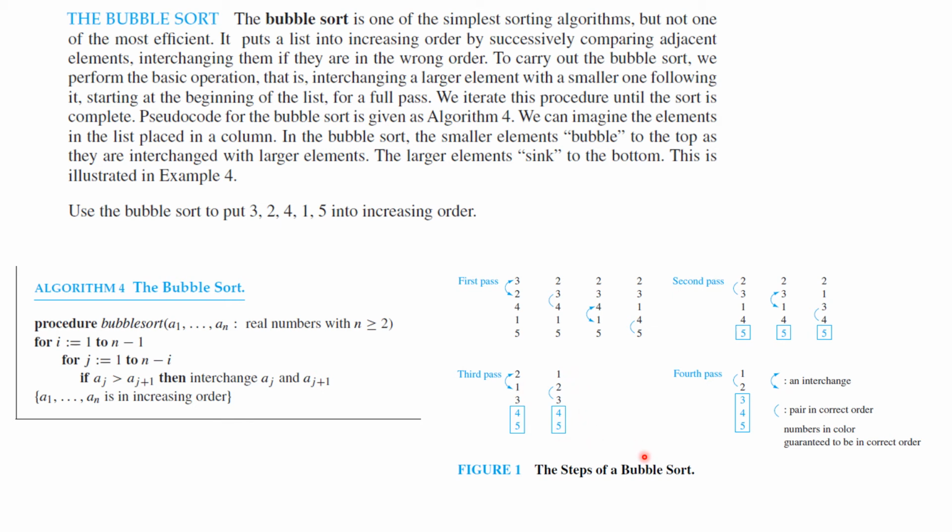But the fourth pass, what we see is we check and we see we're finished, and that's the steps of the bubble sort. And here is the procedure written in pseudocode as an algorithm, and you see it is nested do loops. And again, you should be able to code this in your favorite coding language, but you will pay attention to syntax.